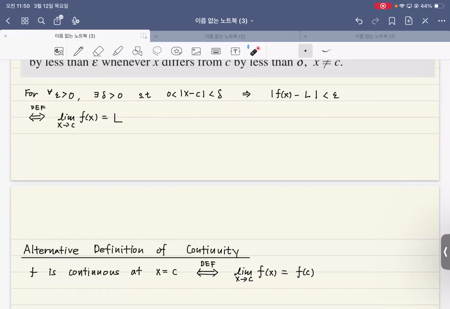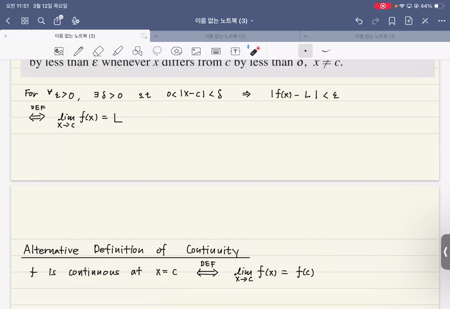On top of that, if x equals c, then L is now f of c, and f of x minus f of c is automatically 0. Therefore, this inequality is also satisfied. So writing it like this can also be considered as a definition of continuity at c.